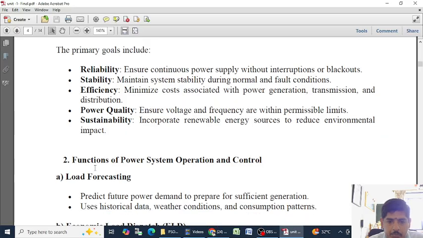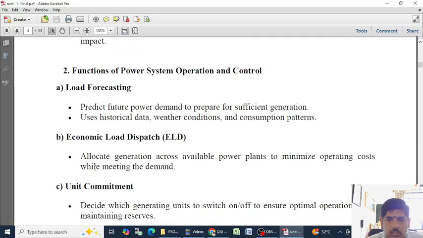For the second point, I have to consider the functions of power system operation and control. There are different functions. One is load forecasting. Load forecasting means you have to predict the future power demand to prepare sufficient generation. Erecting a new generating station within a month or a year is not at all possible.